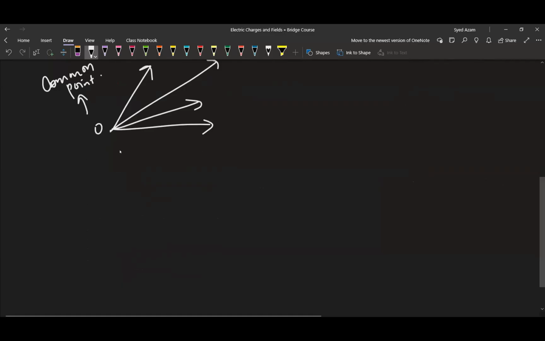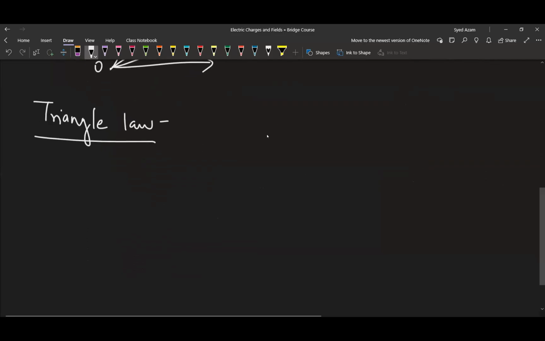How do we use it? I'll tell you what the difference is. Suppose let us talk about the triangle law. In the triangle law, two vectors have to be taken in the same order. Same order means, when we represent a vector, this is how a vector is represented.